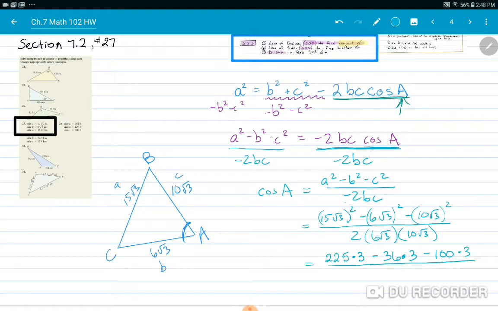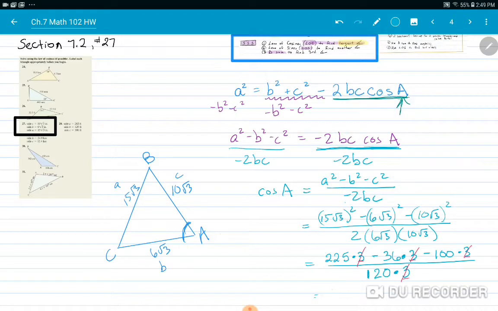All over, doing the denominator, 2 times 6 is 12, times 10, that gives me 120. And then the radical 3's multiplied together gives me a 3. So radical 3 times radical 3 gives me 3. And now I'm noticing that I have a factor of 3 in every single term. So there's a subtraction sign in the numerator, but as long as I take the 3 out of every term, that's allowed.